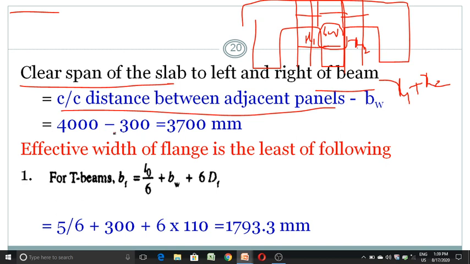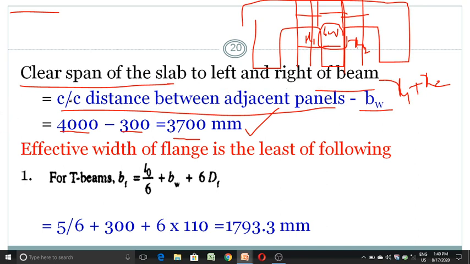So the center to center distance of adjacent panels minus the web of the beam gives that value: 4000 minus 300, the width of the web. Finally I get 3700 mm, the clear span of the slab to the left and right of the beam.